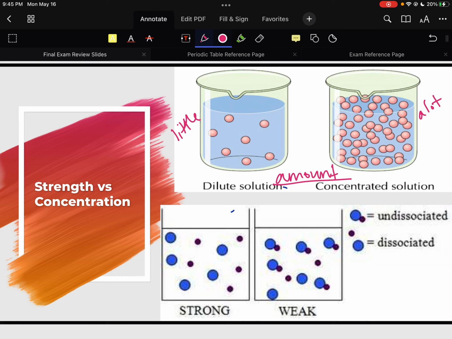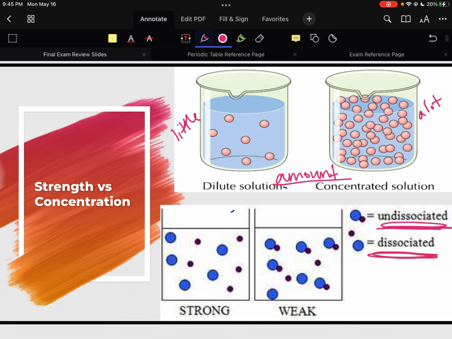That doesn't have anything to do with the strength of the acid or the base necessarily. I could have a dilute solution that is stronger than a concentrated solution if it was a concentrated weak acid versus a strong dilute acid. So just think about amount for that one.